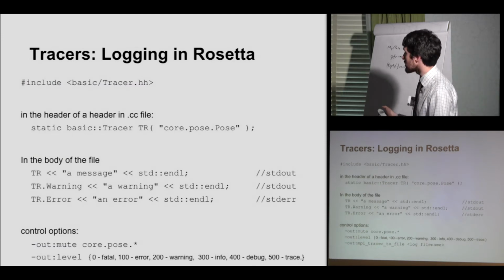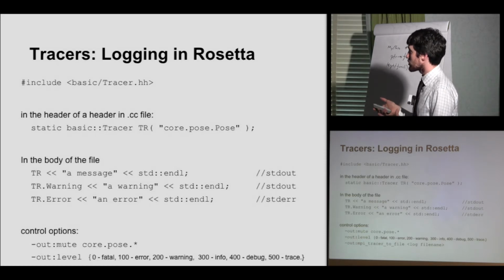One or two more things, and then I'll let you dive into it. One is the tracers. Rather than using cout or cerr from the standard template library, we have what are called tracers, and this is what we use for logging in Rosetta.